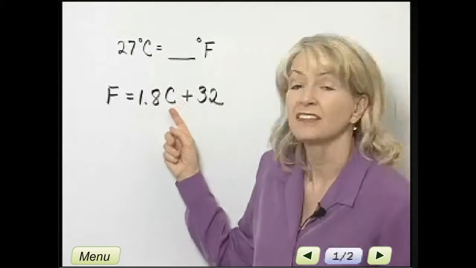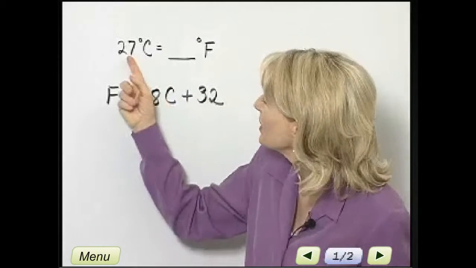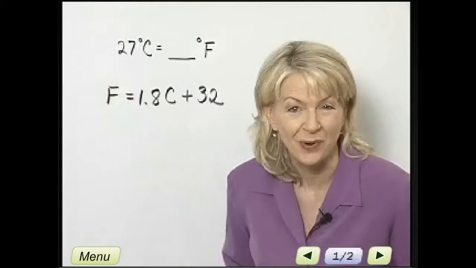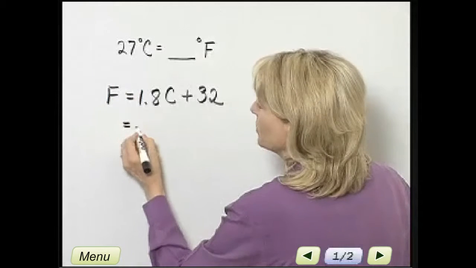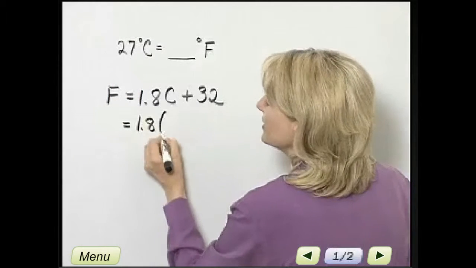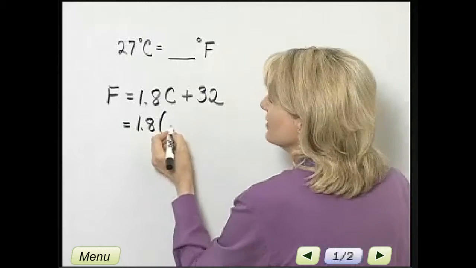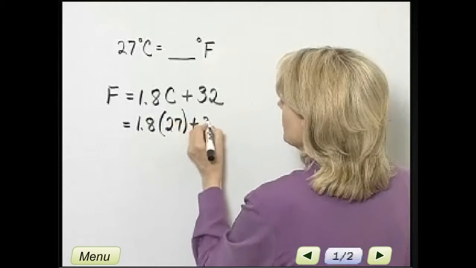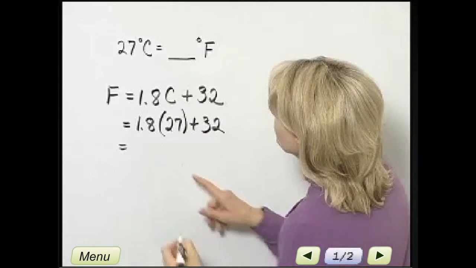All I do is, instead of C, I replace C with 27, and then I simplify this expression on the right. So Fahrenheit equals 1 8/10, and we're given that the Celsius temperature is 27 degrees, plus 32. I'll let you multiply.